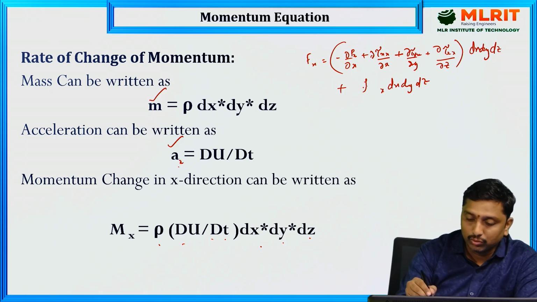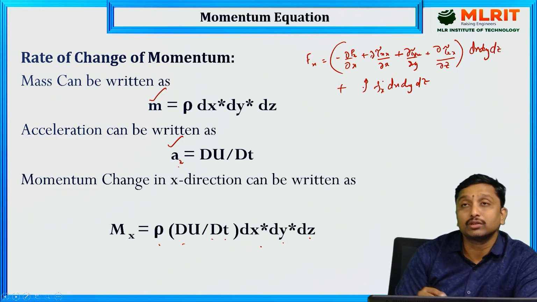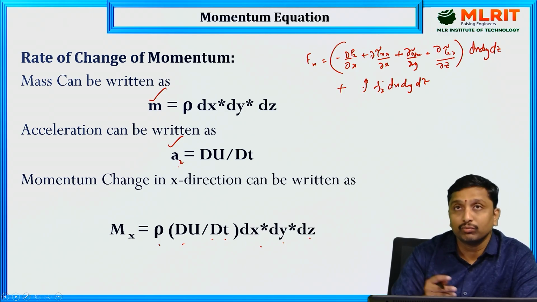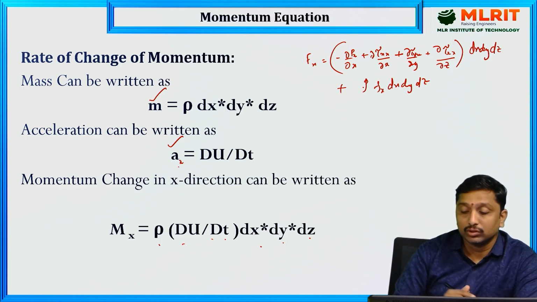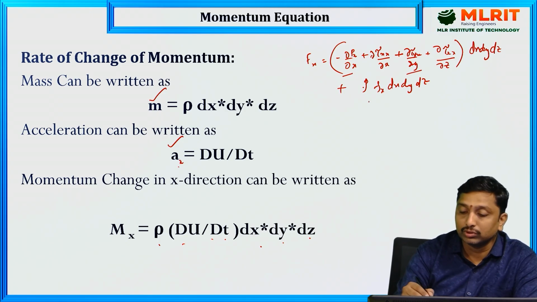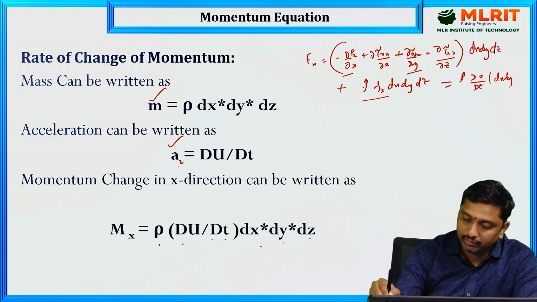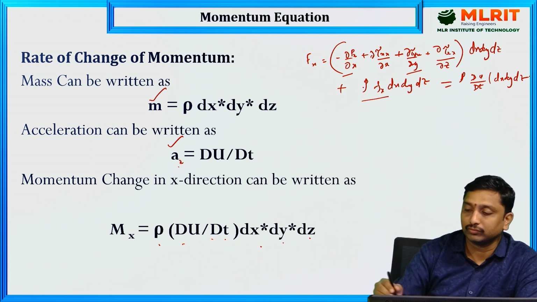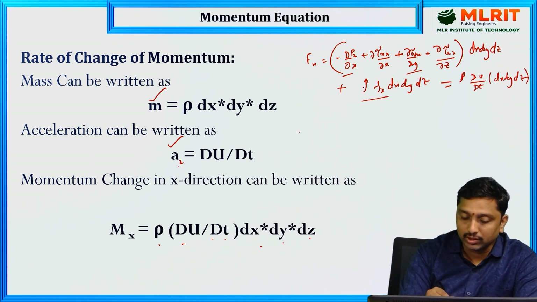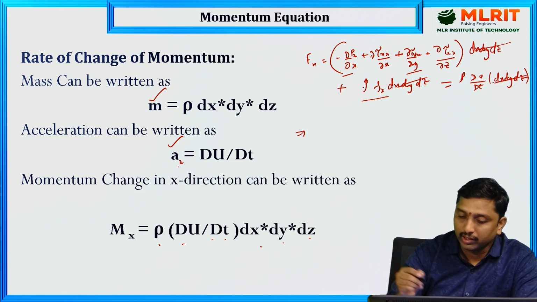So rho into fx. This is the force term which we derived: pressure force, shear force and body force. And this should be equal to what? Mx, which is rho du by dt into dx, dy, dz. Since dx, dy, dz are common, we can eliminate them.